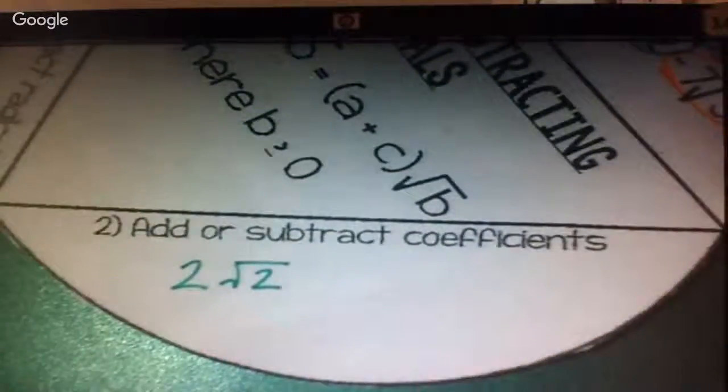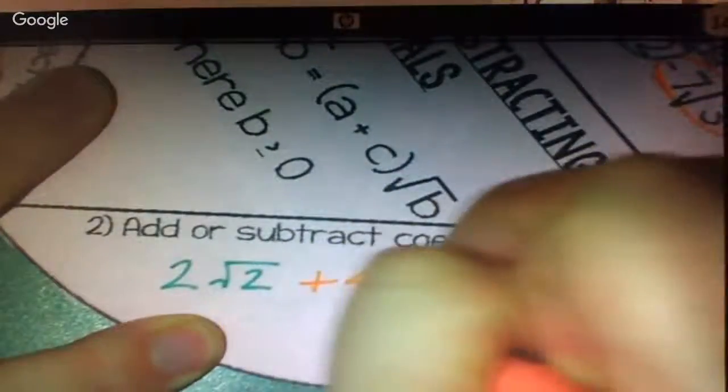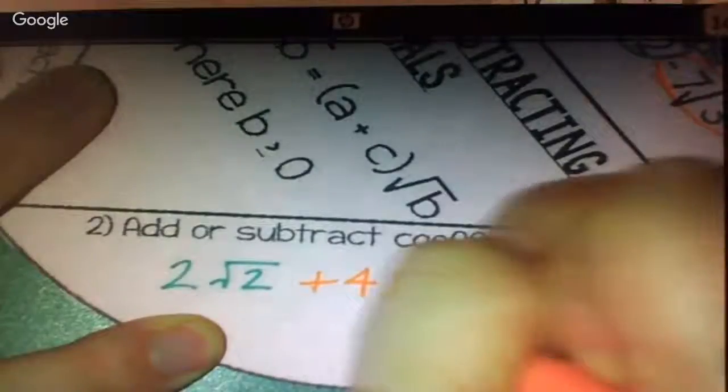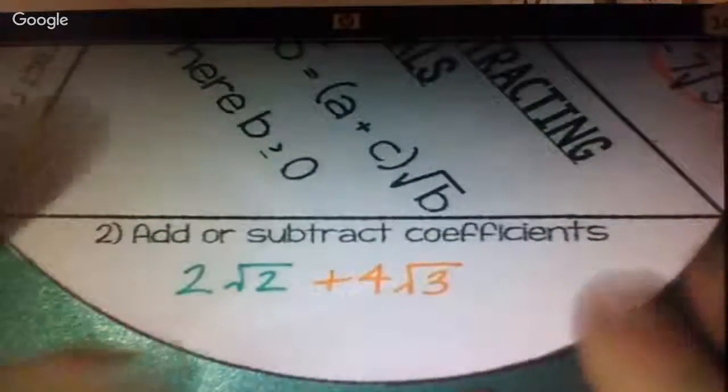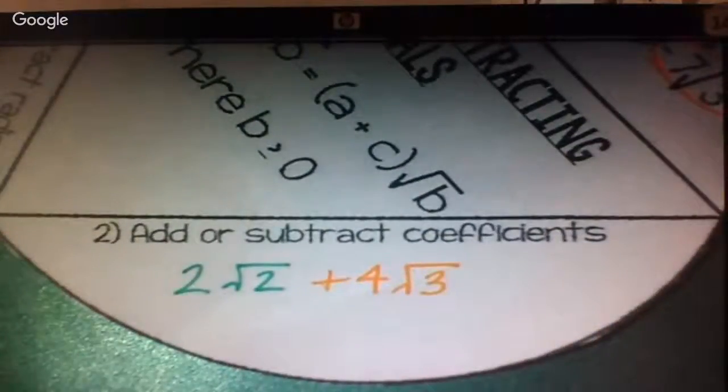My coefficients in front of the square root of 3 were positive 5, positive 6, negative 7, and positive 4. And keep your like term, square root of 3. We're done. It's really easy when you don't need to simplify.